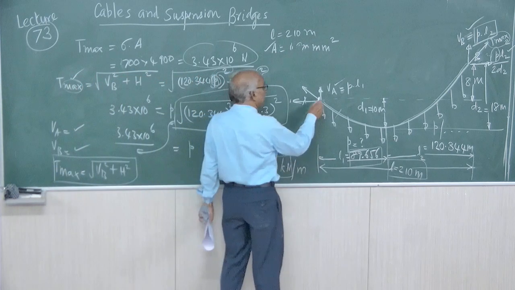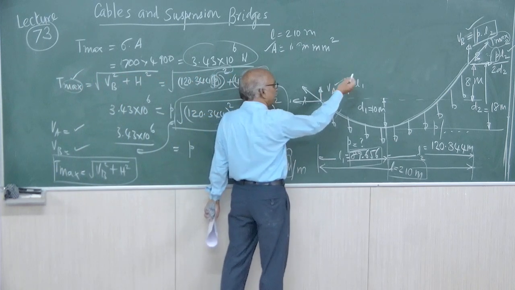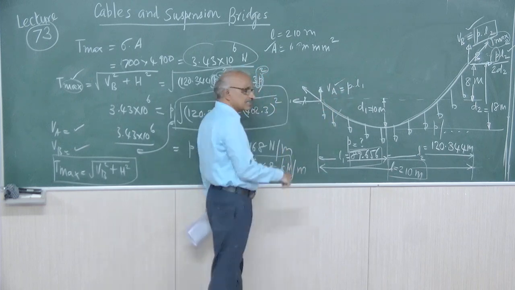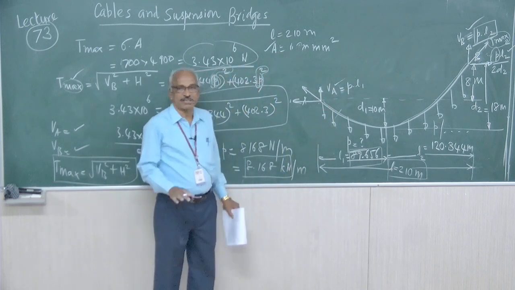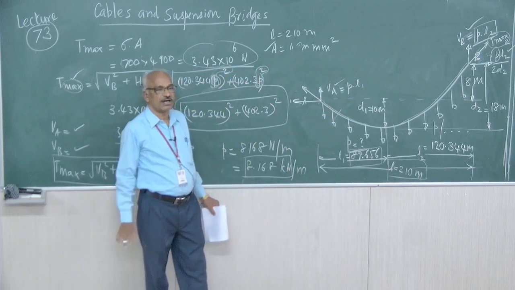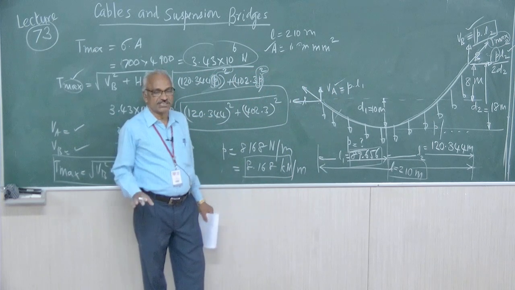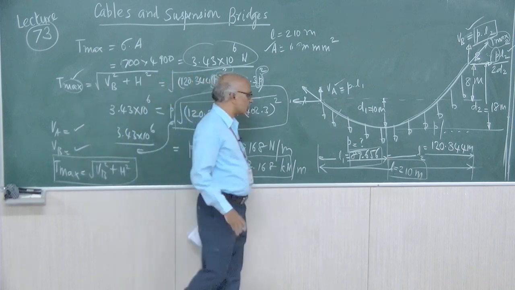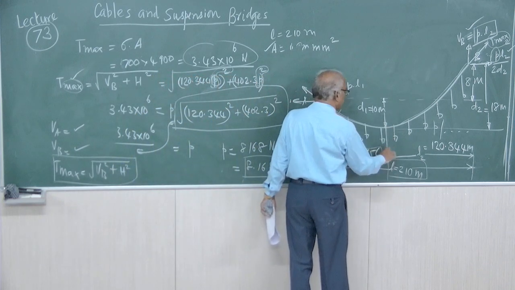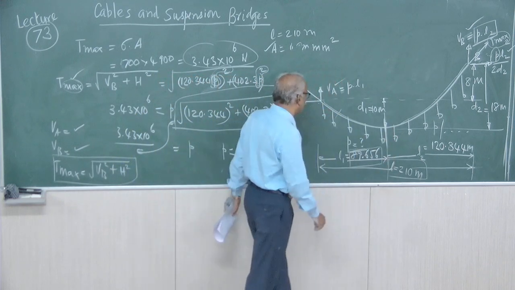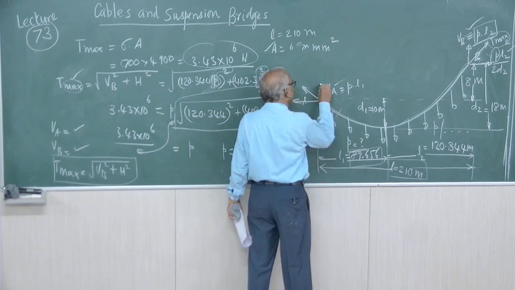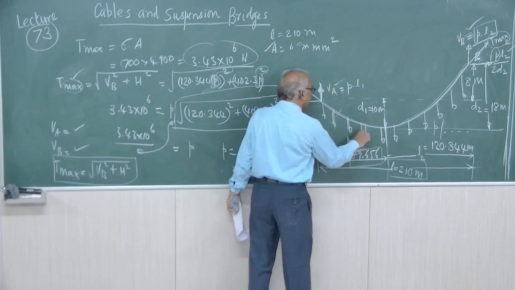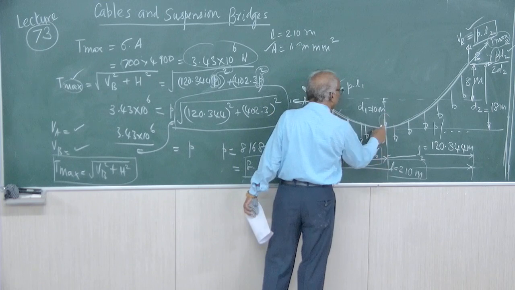so this tension will be less, because compared to VB, VA is less. So tension will be less, but that will not be the minimum tension. Always the minimum tension will occur at the lowest point in the cable. So here at this point, the lowest point, V equal to 0, because this is VA, that is P into L1 minus P into L1, and here V will become 0.